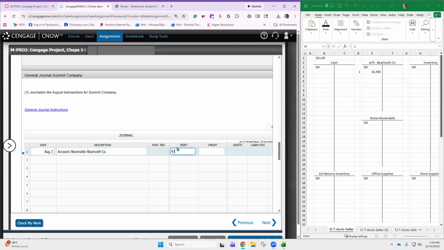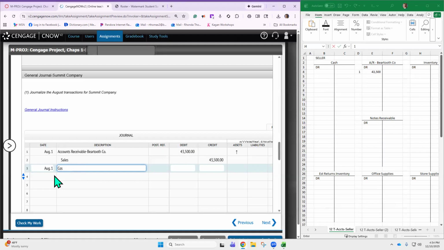So we're going to put $43,500. And then I would just type in sales. Okay, sales is going to be the credit of that same amount. Okay. And I can't remember if we need another date, but I think we do. Let's go August 1st. And now we're going to put cost of goods sold.